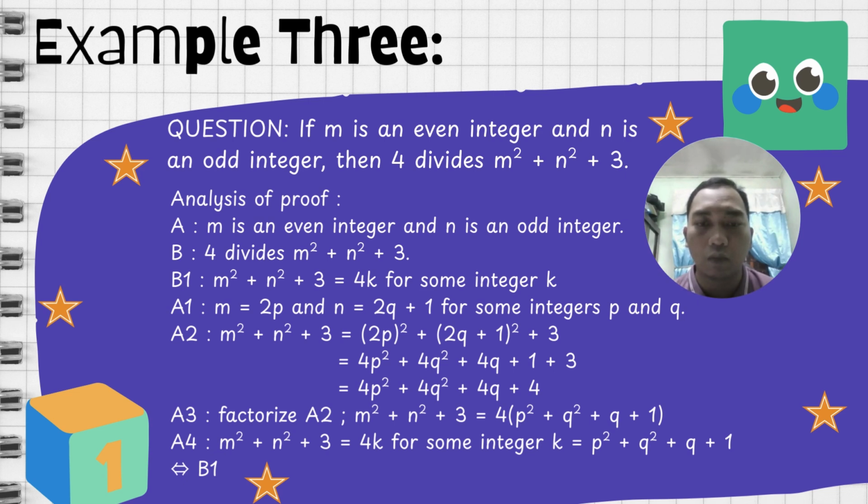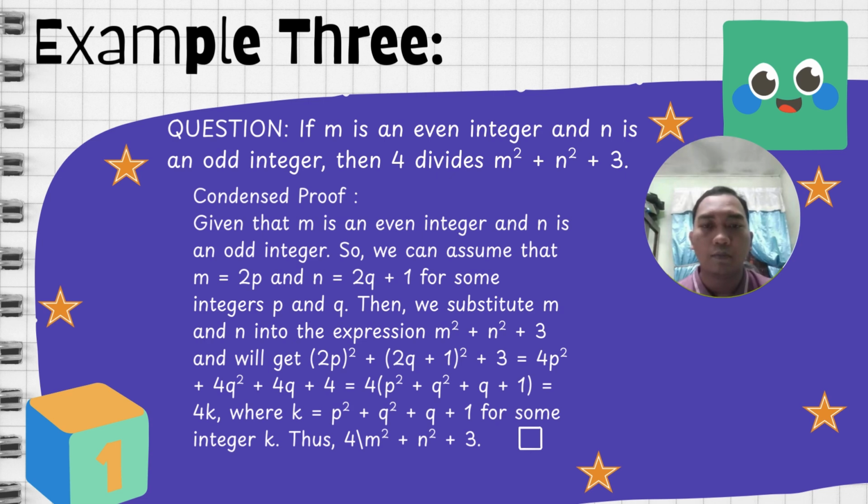So we get m squared plus n squared plus 3 equals 4 times (p squared plus q squared plus q plus 1). Then for A4, m squared plus n squared plus 3 is equal to 4k for some integer k, where k equals p squared plus q squared plus q plus 1. So in this case, we have proven that A4 is logically equivalent to B1.